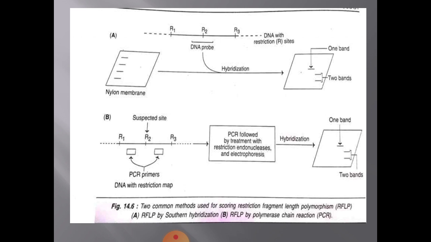If the restriction site is absent, you will get one band as you are seeing in the diagram or the autoradiogram. Whatever you get, the outcome of autoradiography is autoradiogram. And if the site is present, you will get two bands. This is how the RFLP is done through southern hybridization.